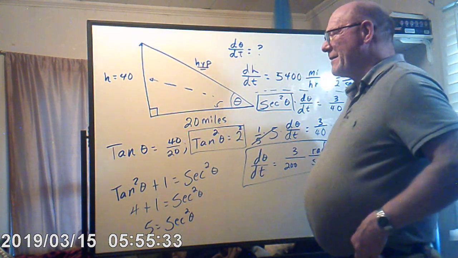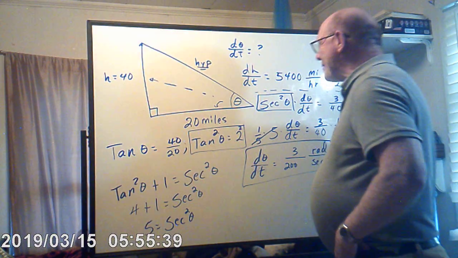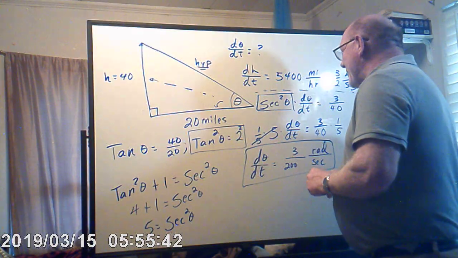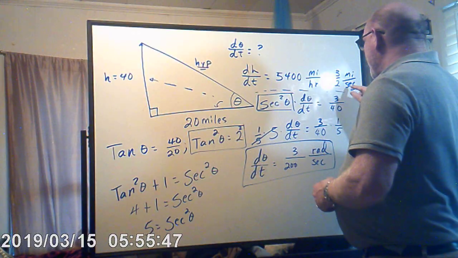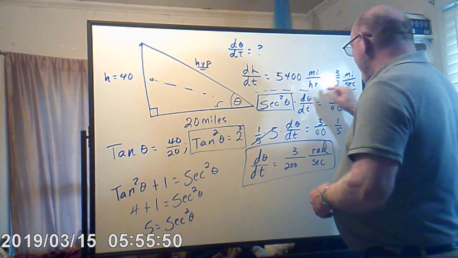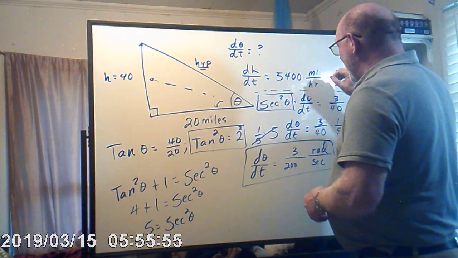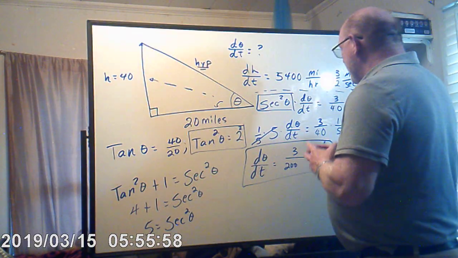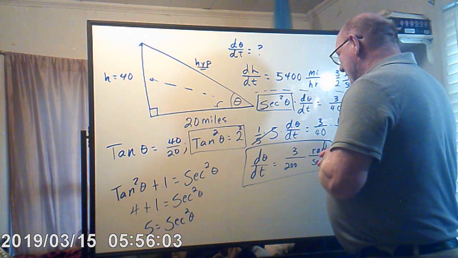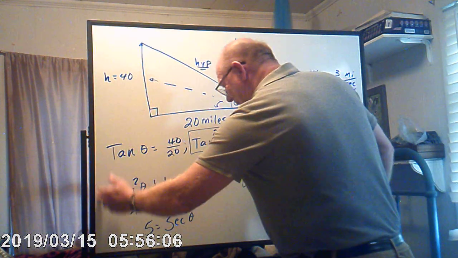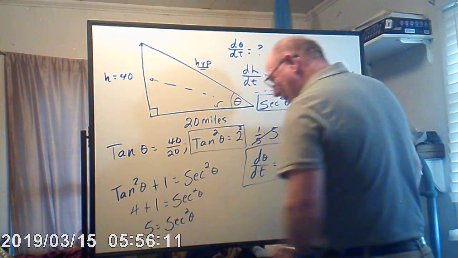And I just hope I did not muddle things. But I do think, if anything, that you do need to know that if this thing called for radians per second, you need to get this per hour. You need to change that per second, and we knew that there are 3,600 seconds in an hour, so you could eliminate your hours doing that. And then this little identity here helps to square both sides. 4 plus 1 is 5.